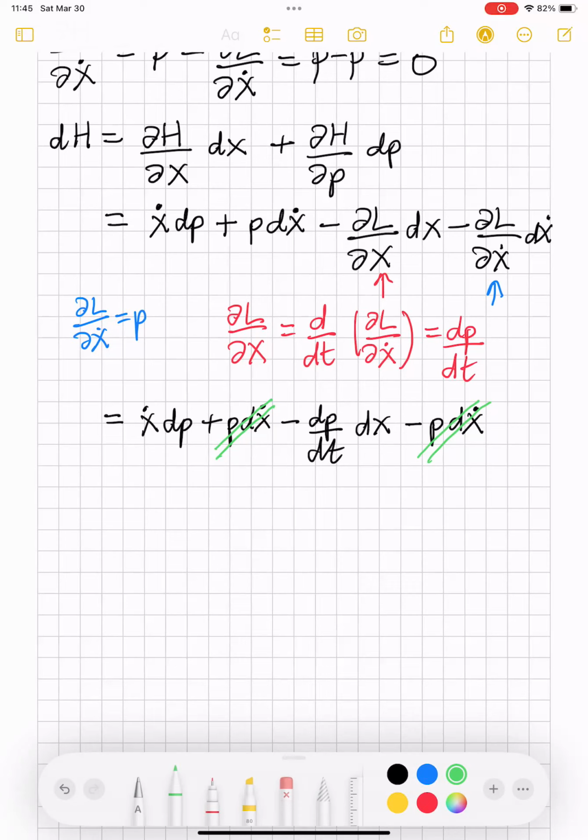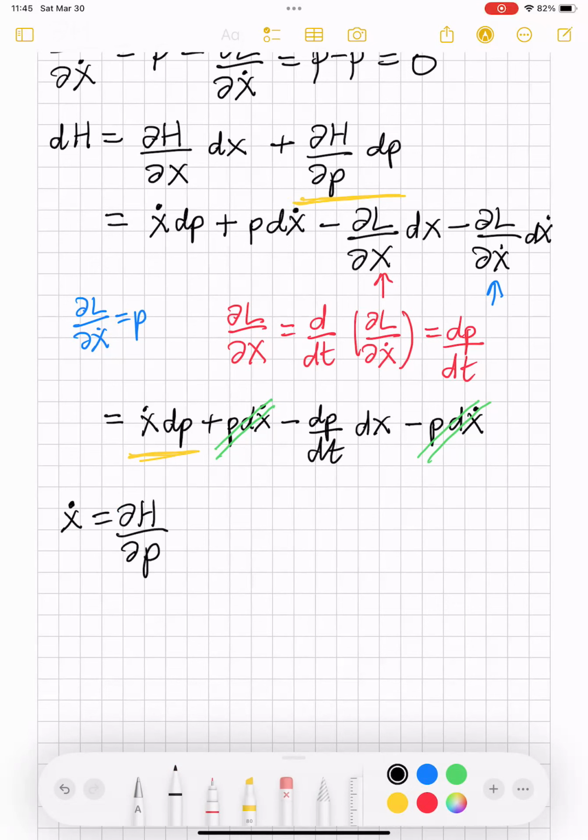Now let me compare the two expressions that I've got for dH. First of all, I've got a term over here which is proportional to dp, and I've got a term over here which is proportional to dp. Comparing the two of them, I learn that x dot is equal to ∂H/∂p.